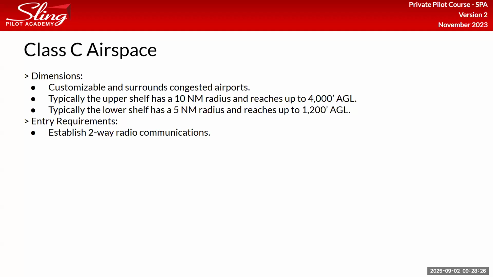Does anyone have any idea what it means to establish two-way radio communications through Class Charlie? Yes. It is kind of just talking to them, but you also have to have them read your tail number. So if you want to fly through Class Charlie or enter it to land at some airport, you make your call, you say I'm 5 miles from wherever inbound with whatever information, and they say, whoever, stand by.